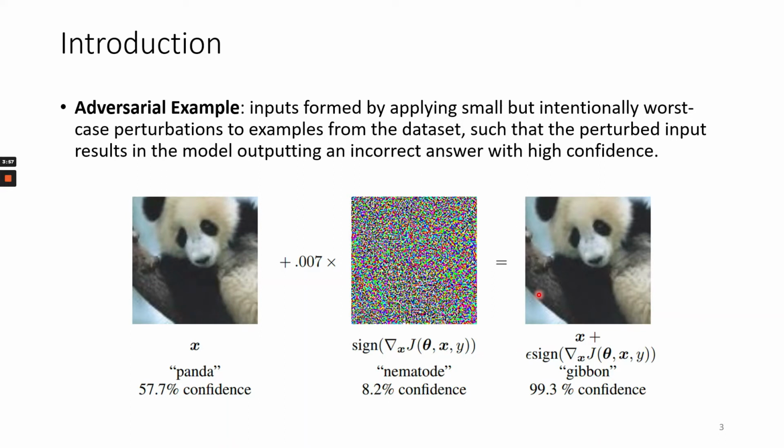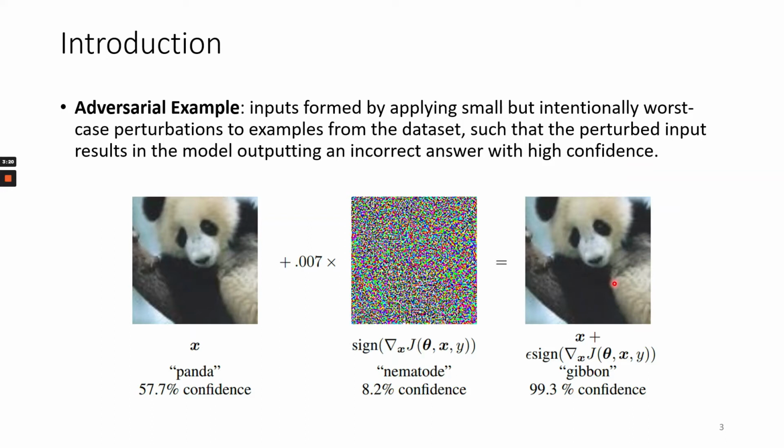So what exactly are adversarial examples? The definition says that adversarial examples are basically inputs formed by applying small but intentionally worst case perturbations to examples from the data set. As you can see over here, this particular pattern is, in our case, the perturbation, and it is being applied to a data set example, which is the image of a panda. It produces a perturbed input, which results in the model outputting an incorrect answer with high confidence.